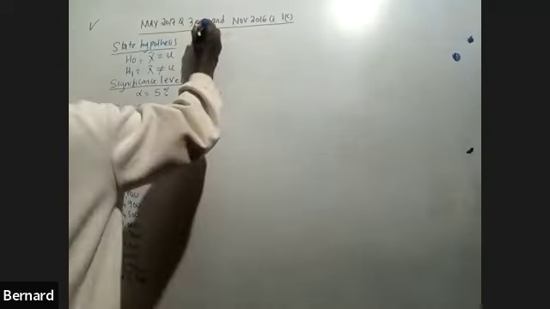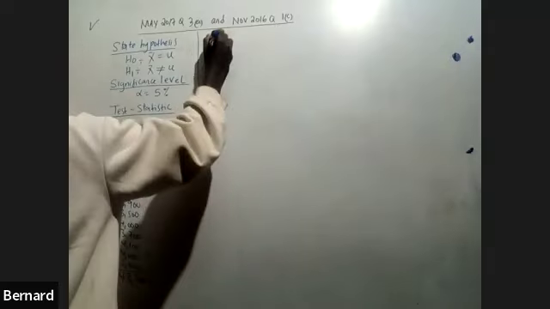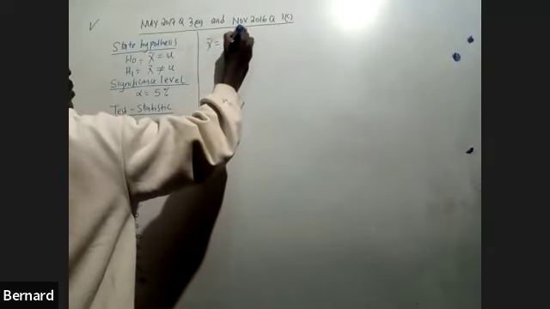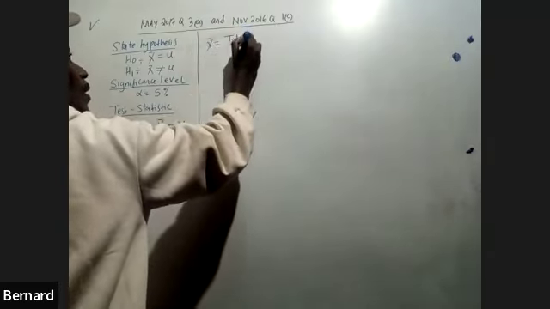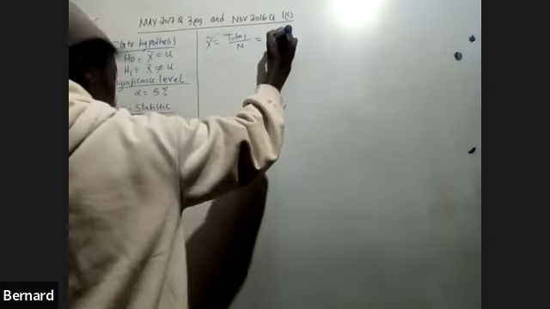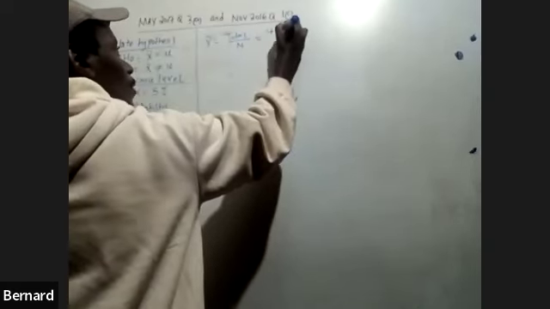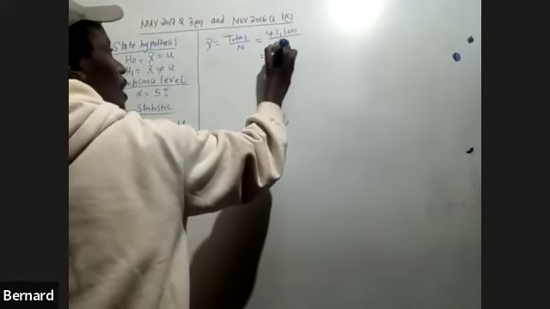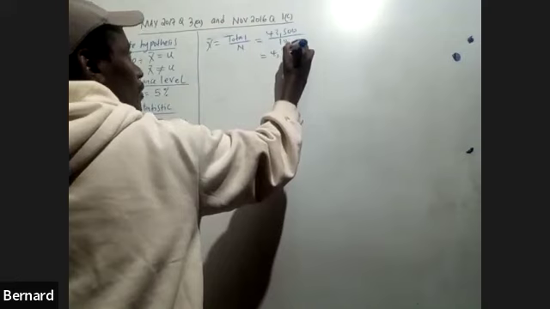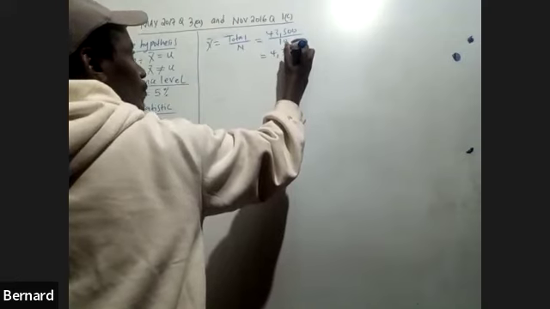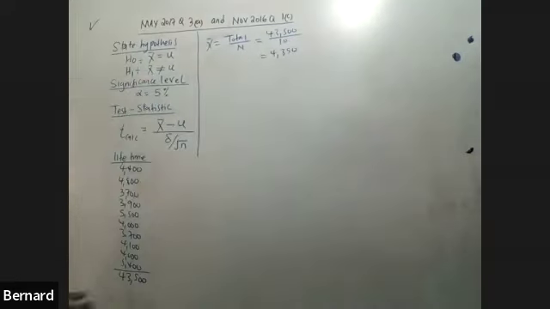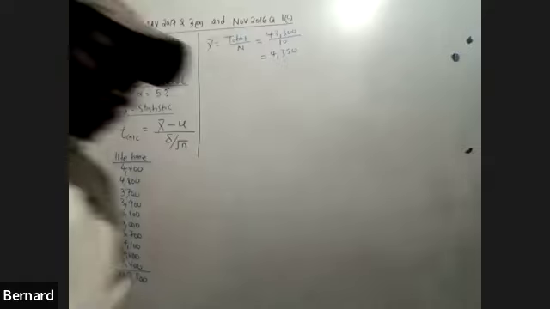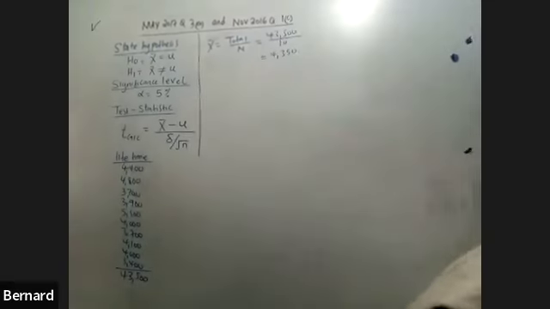Now remember, for us to find the mean, the total over N. So 43,500 divided by 10. We got 4,350. Write the mean.